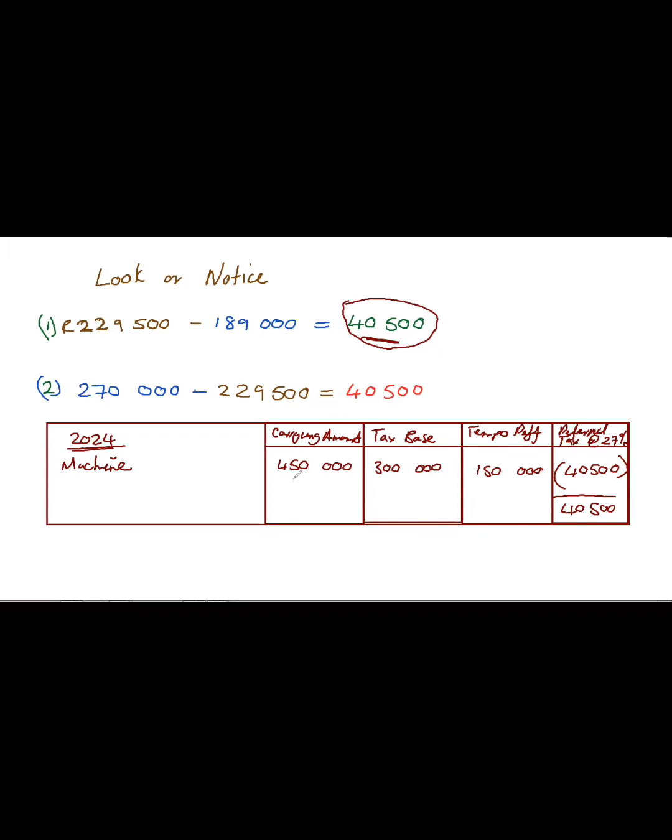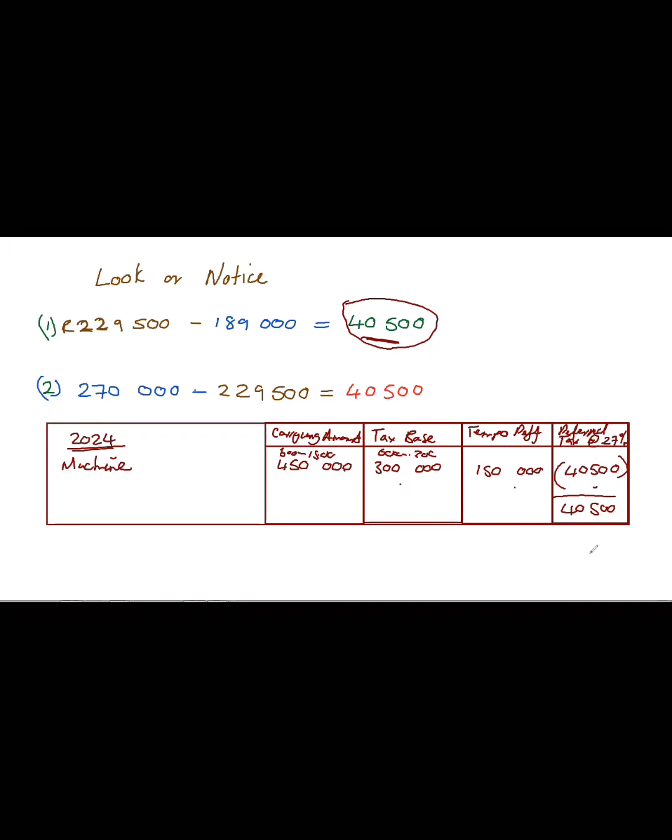Your carrying amounts from your accounting, remember, it's cost minus accumulated depreciation. Here it's going to be cost minus allowances for year one. So it's a simple 600 minus 150. Here it's 600 minus 300. Then this minus that, you get how much? 150. 150 times 27, you get 4,500.